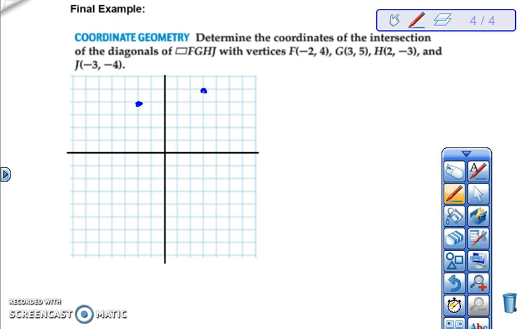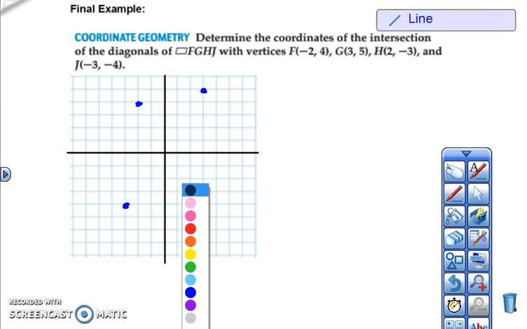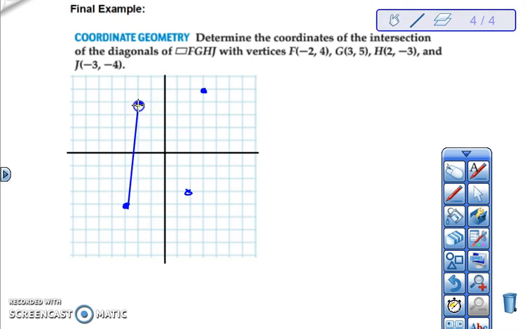Here's G. And then there we go. So if I connect those lines, I should get a nice little parallelogram. Let's do that. All right, there we go.